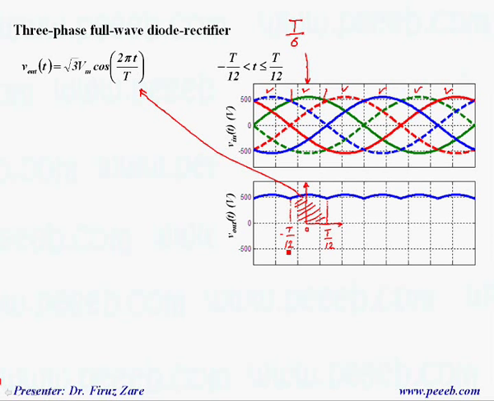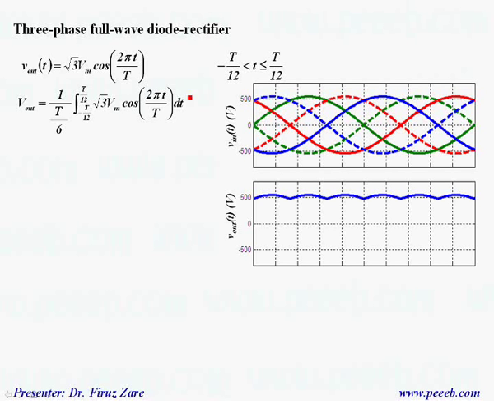The lower limit of integration is minus T over 12, and the upper limit of integration is T over 12. So the output voltage is based on this equation. That means the average of the output voltage associated with one of the sections over that time, which is T over 6.